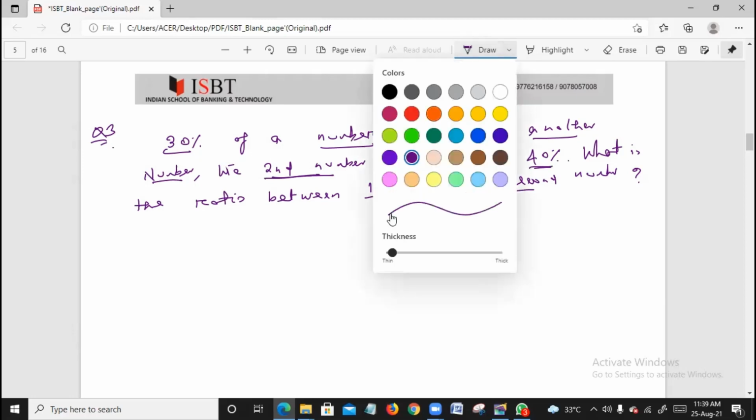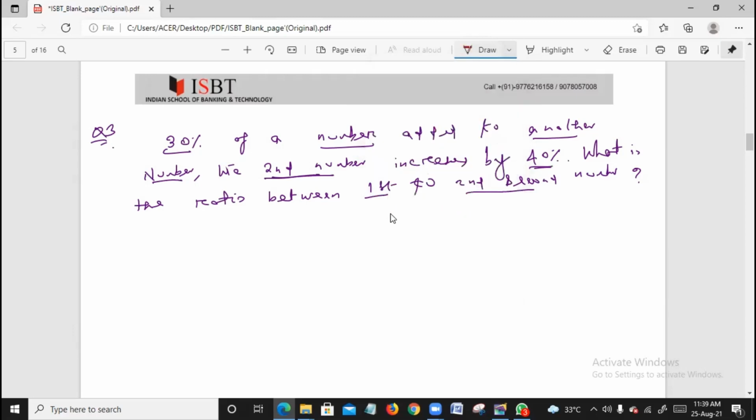Okay, now we can solve. This is the solution. Let two numbers are x and y respectively.